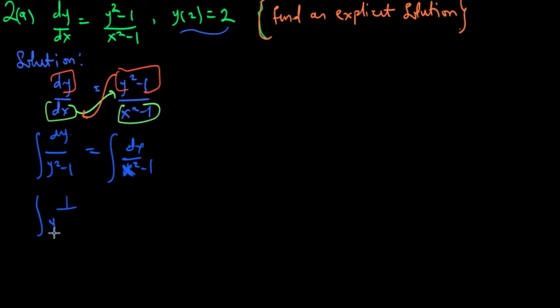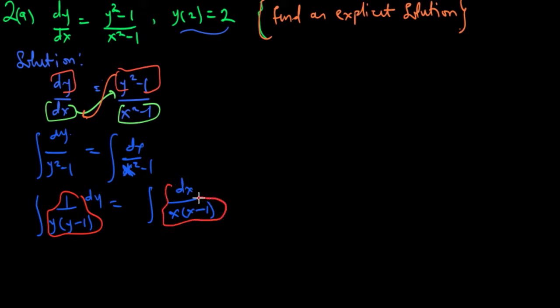So that's going to be the integral of 1 over y into y minus 1 dy equals the integral of 1 over x into x minus 1 dx. You try and see if you can resolve this into partial fractions and then compare your answer with my own in the next few seconds.